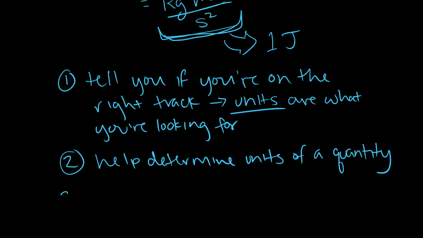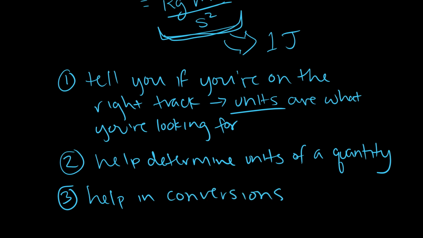And three, the units can help in conversions. We did conversions last lesson. So when you're converting between units, write out those units to make sure they cancel, and that's another form of dimensional analysis. So basically, dimensional analysis is just making sure you write down your units and track your units throughout the problem.